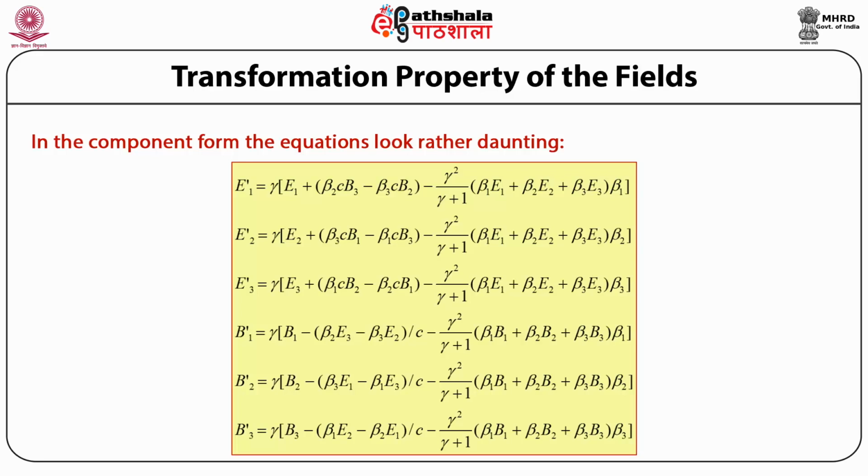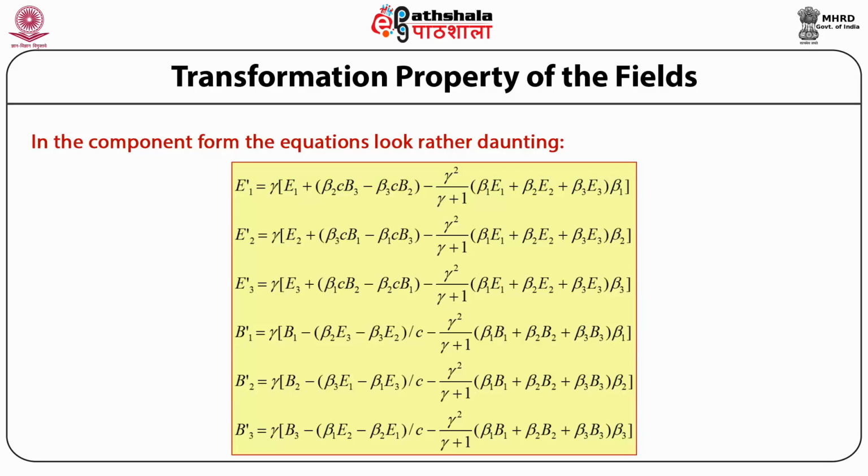E prime subscript 2 is equal to gamma times bracket open E subscript 2 plus within brackets beta subscript 3 times C times B subscript 1 minus beta subscript 1 times C times B subscript 3 bracket close, minus gamma square by gamma plus 1 within brackets beta subscript 1 times E subscript 1 plus beta subscript 2 times E subscript 2 plus beta subscript 3 times E subscript 3 whole times beta subscript 2 whole bracket close.